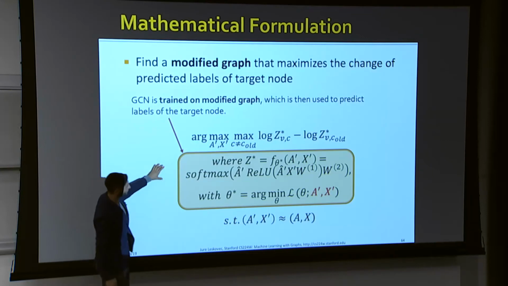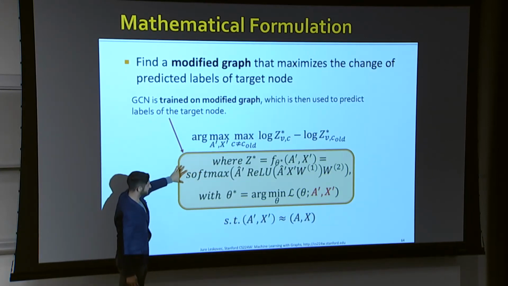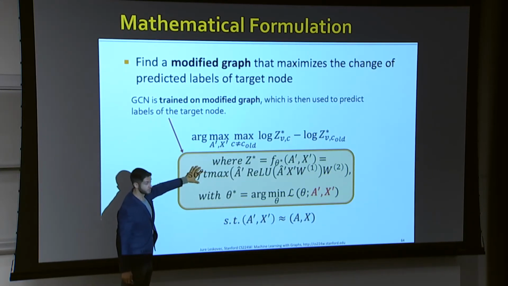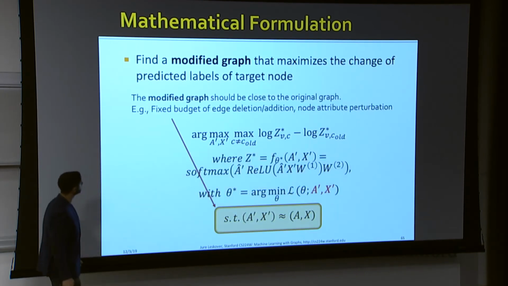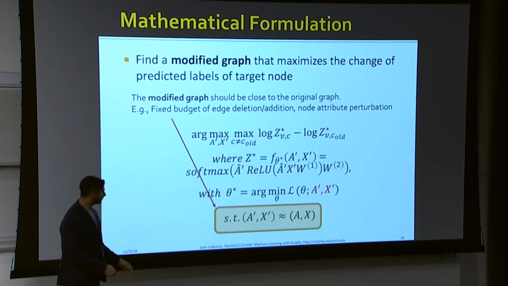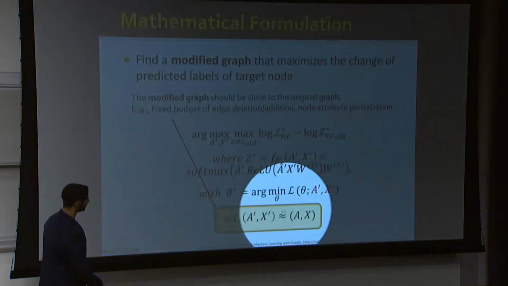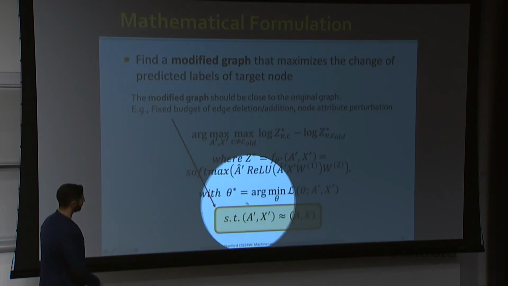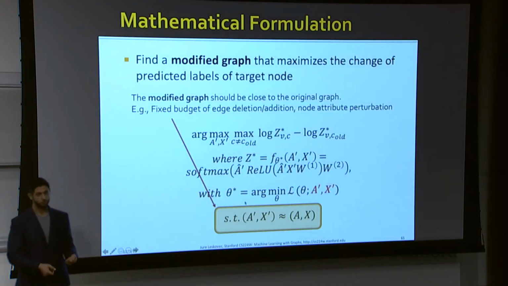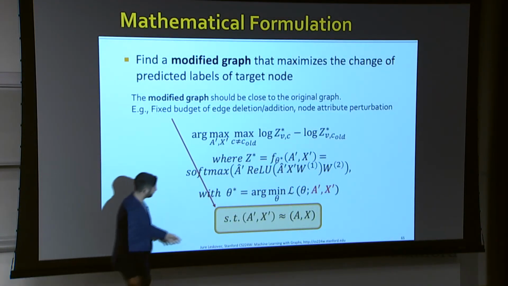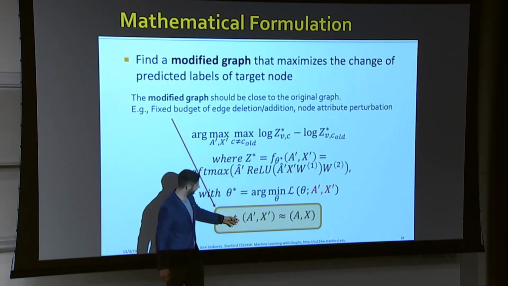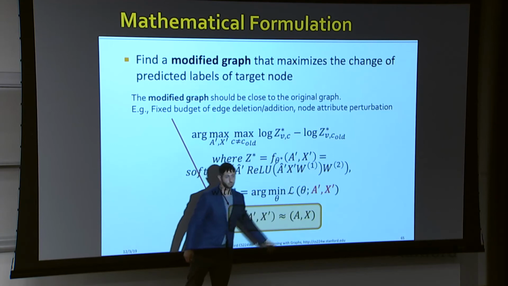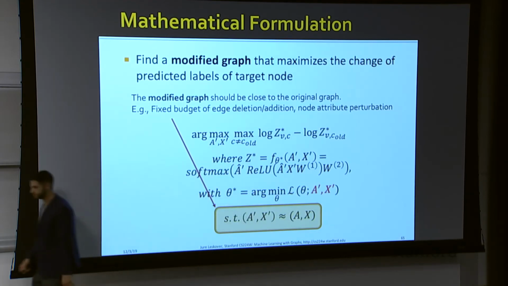It's going to be expensive to optimize this objective, because at each change of connectivity, we have to train a brand new GCN, okay? And at the bottom, this is encoding what we said at the beginning. We want to make this happen with the least possible amount of modifications. So we want our new node features and adjacency matrix to be as close as possible to the original ones, okay?